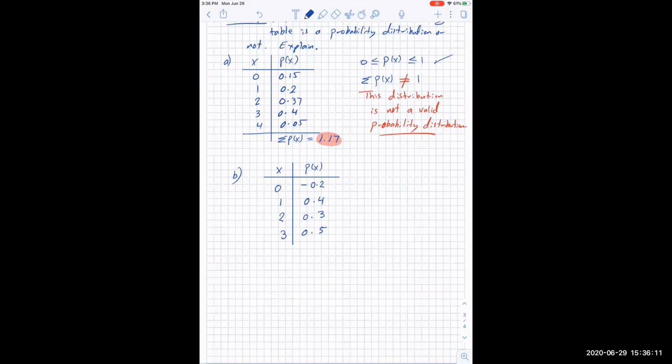The reason is because the probability of 0 is negative. And the probability of an outcome cannot be negative. The probability value is always between 0 and 1.